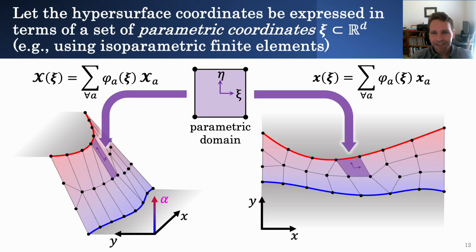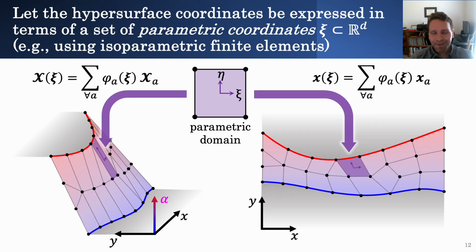Okay. Now, if I were to solve this problem using, let's say, finite elements, it turns out finite elements provide a particularly convenient mechanism that can be used to evaluate some of these quantities of interest that we've defined previously. If I have a finite element discretization of this intermediate domain, that discretization gives me a piecewise local parameterization of the hypersurface expressed in terms of the parametric coordinates of the individual elements.